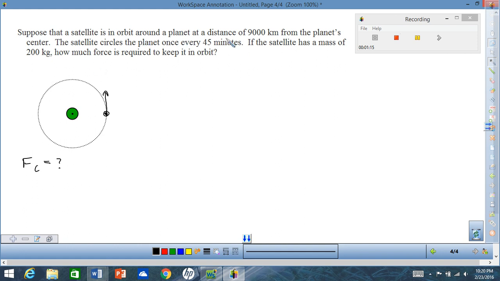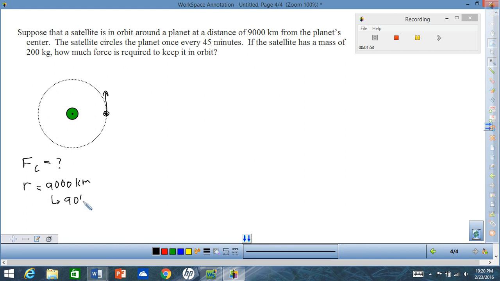We know that this is in orbit around a planet at a distance of 9,000 kilometers from the planet's center. Good, because we actually will need to know the distance center to center. And so in this case, that's already given for us, and that is 9,000 kilometers. Now remember, that's not a standard unit. We need to convert to meters for our distances.